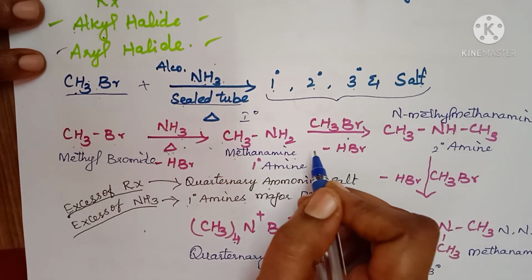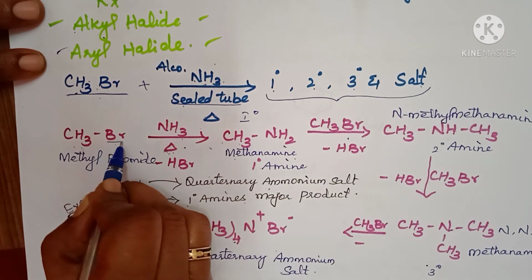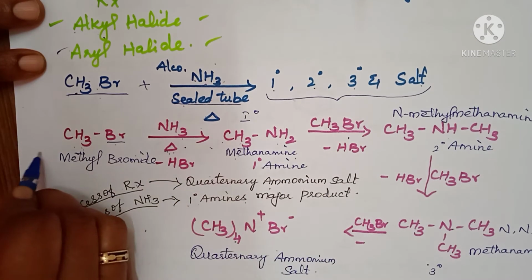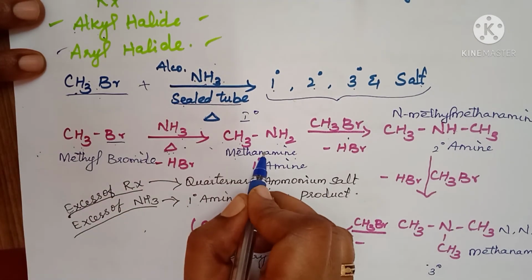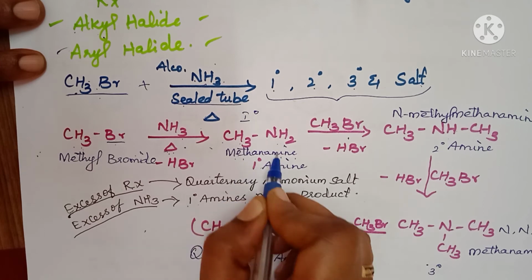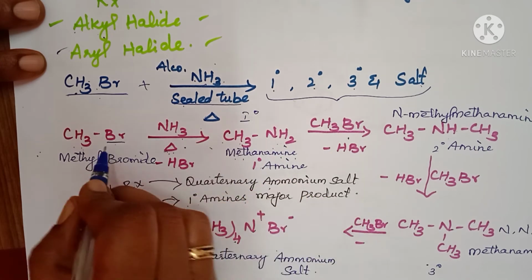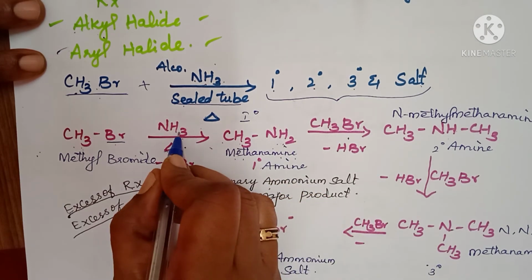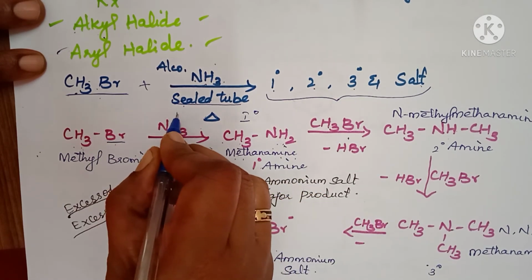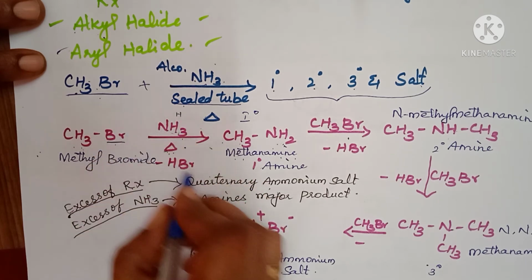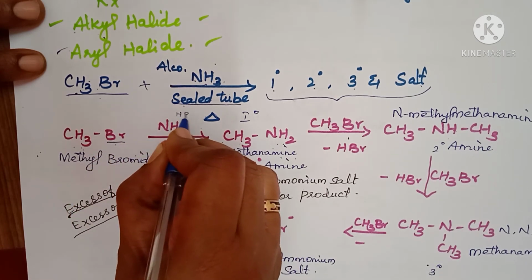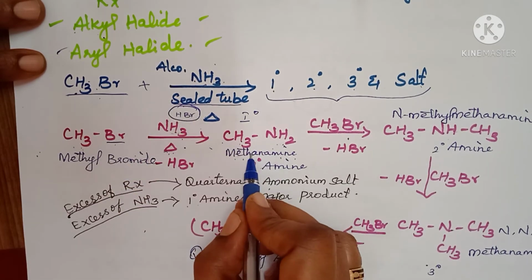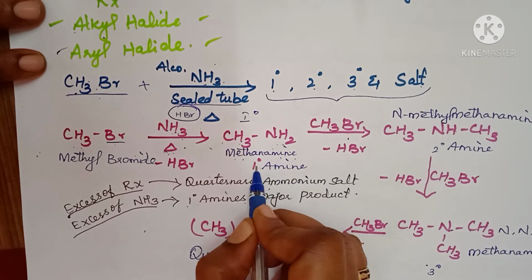The Br changes to NH2: methyl bromide is converted into methanamine, one bromine atom goes and in its place NH2 comes. Because NH3 has a hydrogen that combines with Br, HBr is released. So CH3NH2 is a primary amine.